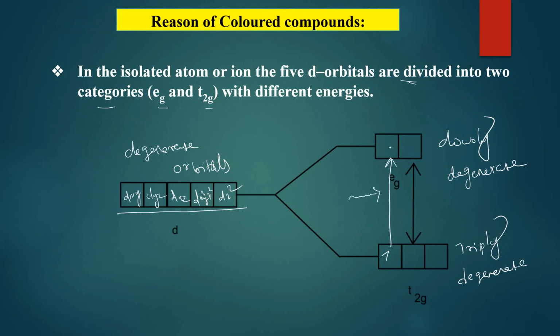It stays here for some time, and after some time it comes back. At that time, it releases the absorbed energy, and if this energy falls in the visible region, it produces a color. That is why compounds having unpaired electrons are colored.